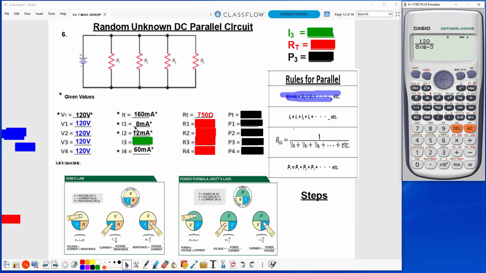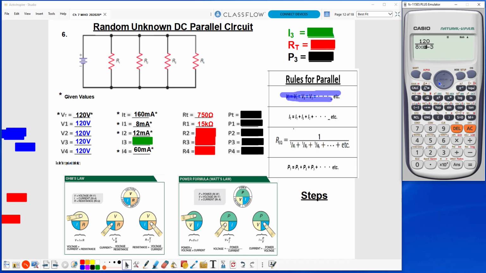I'm looking for resistance, and here it is right here. Cover up the R, and you see that it's V divided by I. So we put that in our calculator, we hit equals, we hit engineering, and R1 is a 15 k ohm resistor. R2, 120 volts over 12 milliamps.